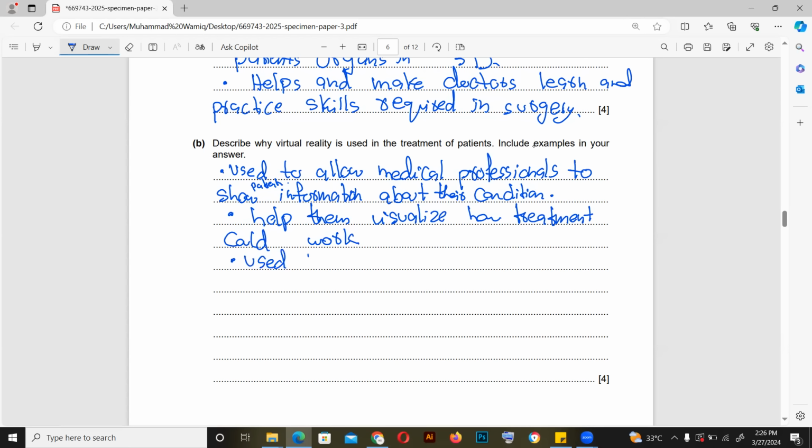They can also be used to reduce pressure on availability of staff as treatment is shared virtually.